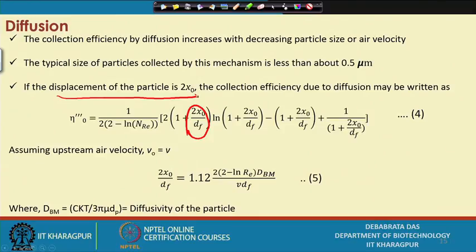If you replace the geometrical ratio by that, you will get the collection efficiency of the particle due to diffusion. And this 2x0 by dF is equal to 1.122 into 2 minus log NRE times dBm, where dBm is the diffusivity of the particle.